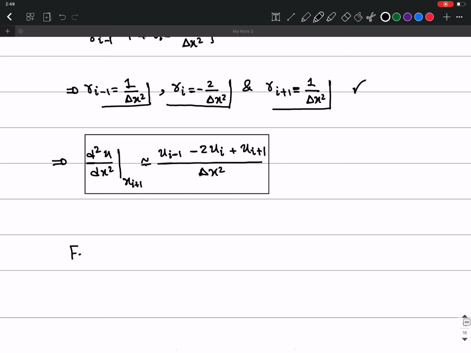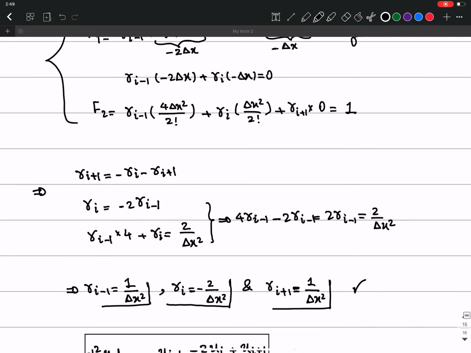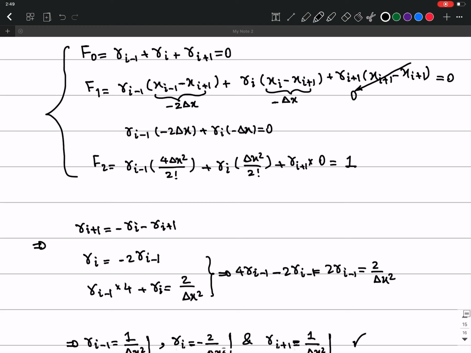So F3 is going to be gamma i minus 1 times, and you have it here, this to the power 3 over 3 factorial, from this equation here.